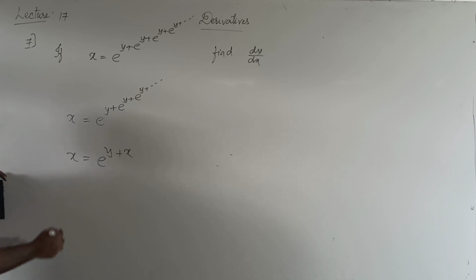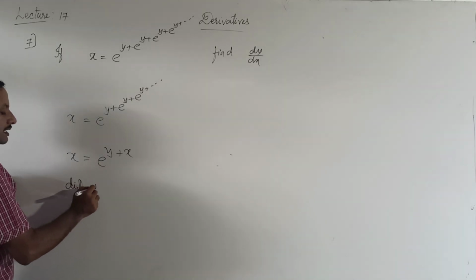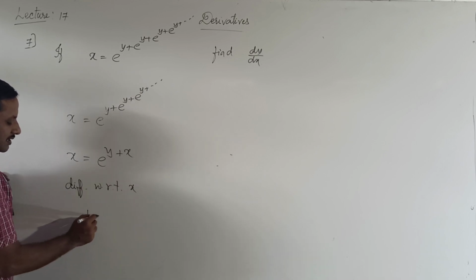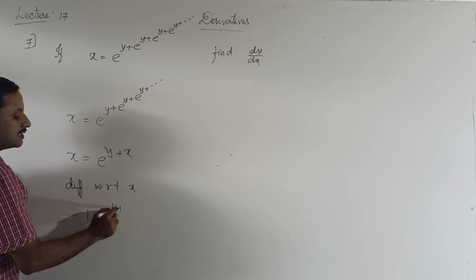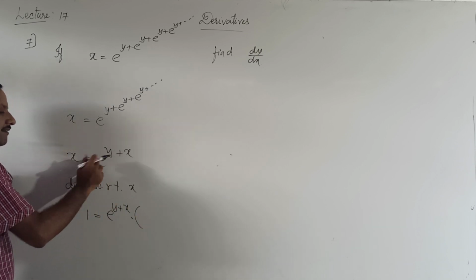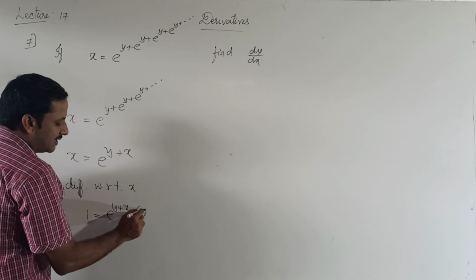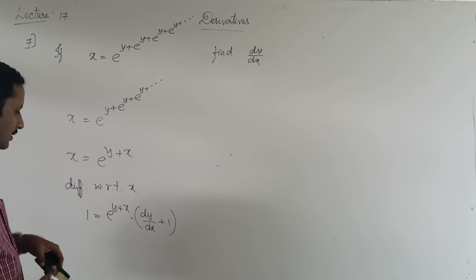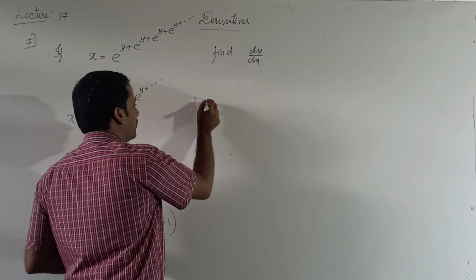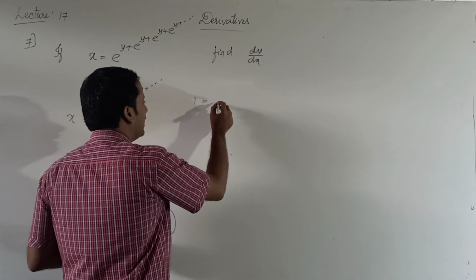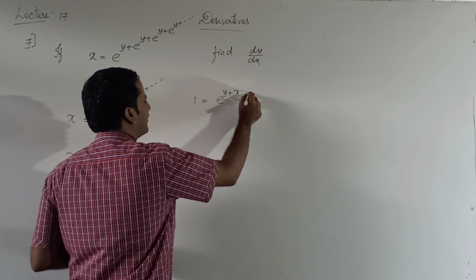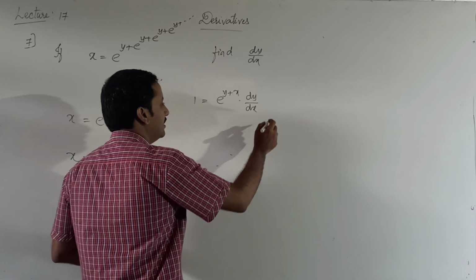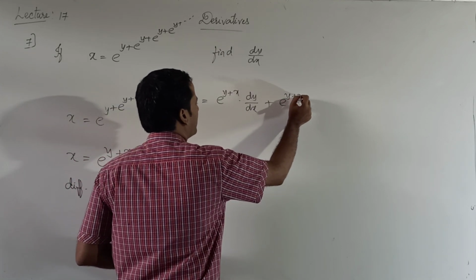Okay? Now we differentiate it. Differentiating with respect to x, as we want dy by dx. Differentiating with respect to x, derivative of x is 1. Derivative of e power y plus x is e power y plus x into the derivative of y plus x. Derivative of y plus x is dy by dx plus 1. So that means we will have 1 is equal to e power y plus x into dy by dx plus e power y plus x.